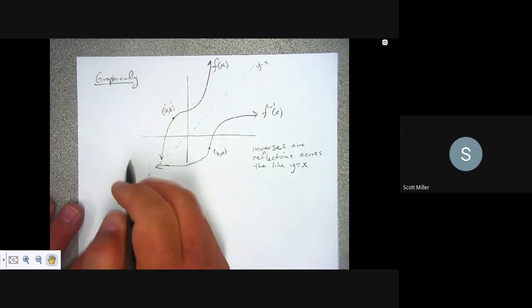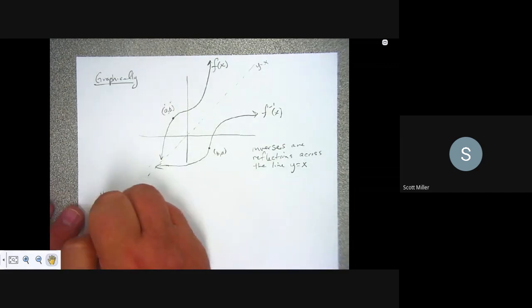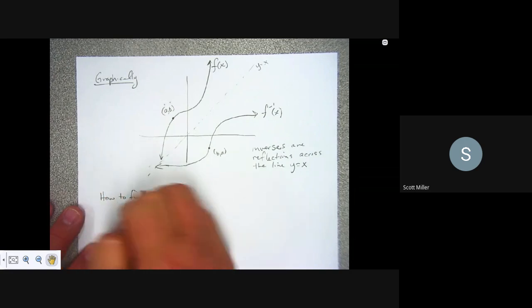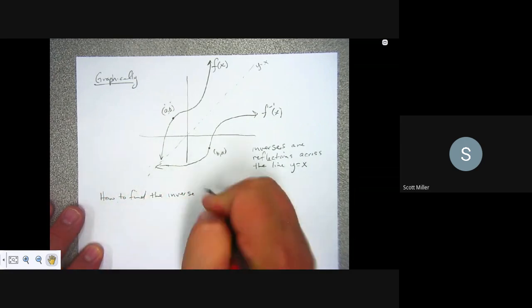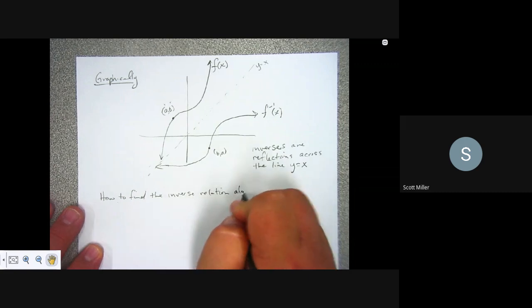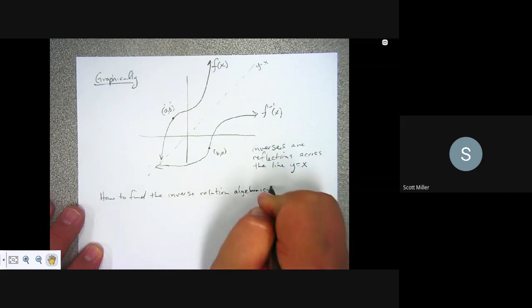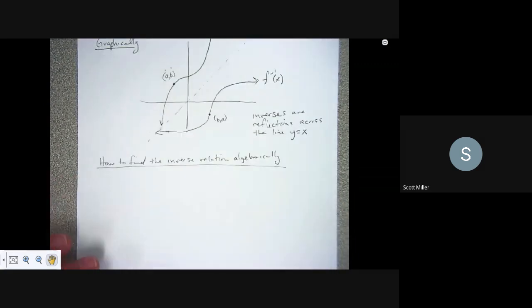How do I find the inverse relation algebraically?